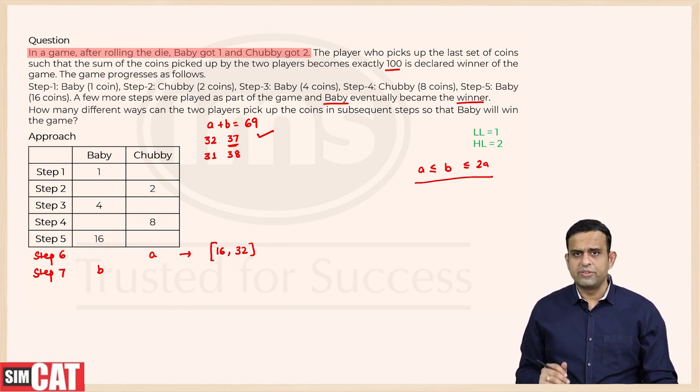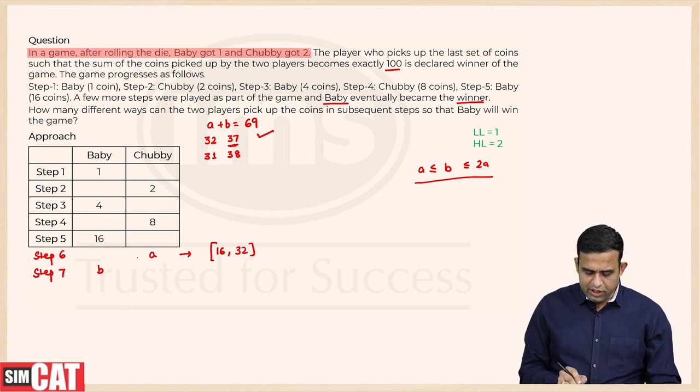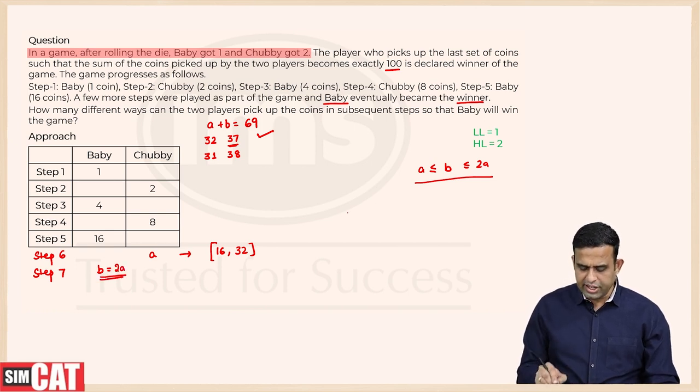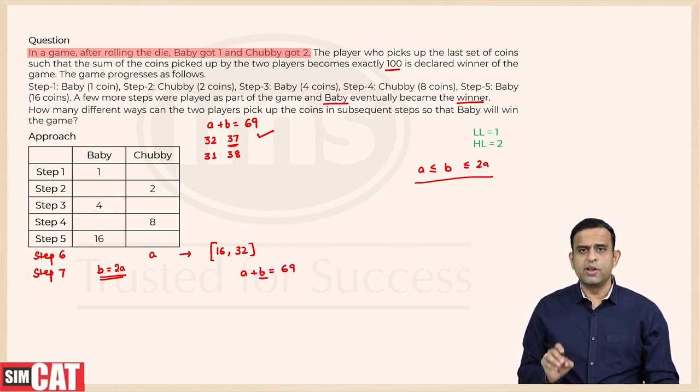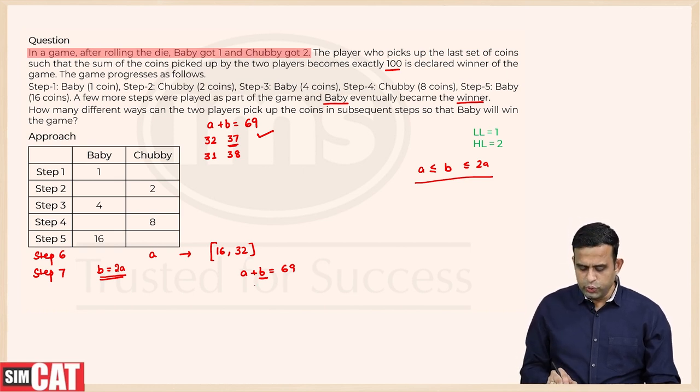This is also perfectly acceptable. Now what about the last value of A? Similar to what I did in the previous case, I will try to take the scenario where b is equal to 2a. The max value of b can be equal to 2a. And now one can say a plus b should be equal to 69. And if I take the scenario where b is maximum possible, 2a, so a plus 2a will become 3a equal to 69.